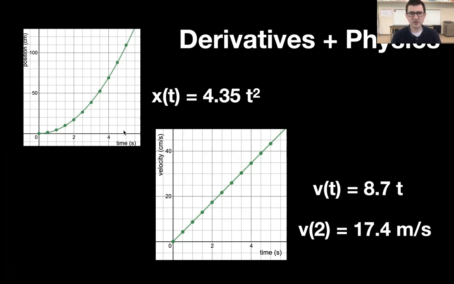So if I try to translate that to the position versus time graph, what does that mean? Well, that means if I were to draw a tangent line at 2 seconds, the slope, the instantaneous velocity, the slope of the tangent line would be 17.4 meters per second. So then I think you would agree with me, hopefully, that it's fair to say that the velocity versus time function is just the derivative of the position versus time function.